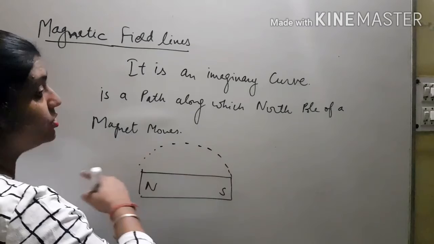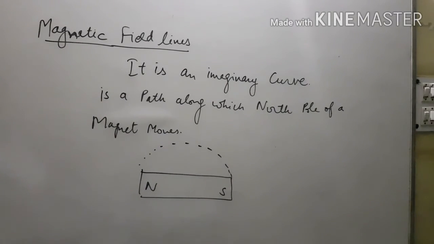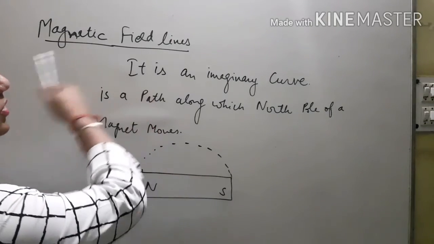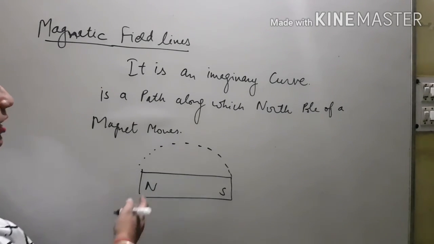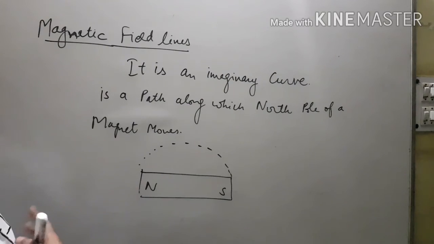If we join those points, that will be a curve, and that curve is called a magnetic field line. Or if you keep some iron filings near a magnet, they arrange in a beautiful pattern. That pattern is called magnetic field lines. So this is the path along which the north pole of a magnet moves.